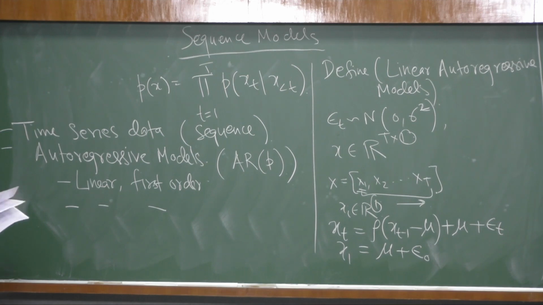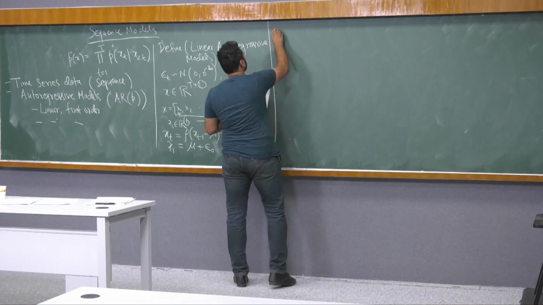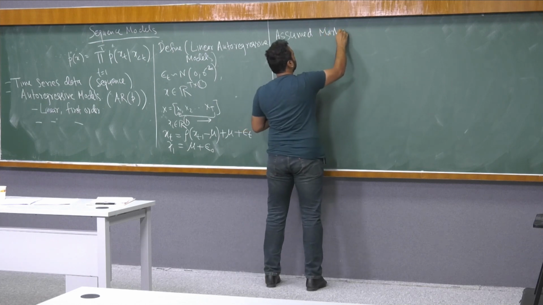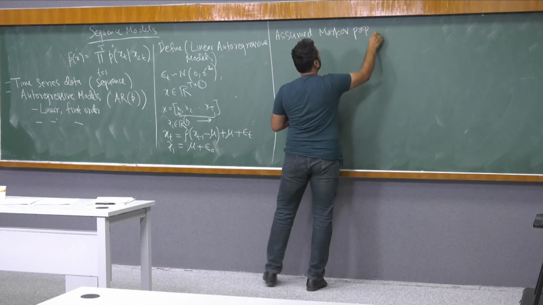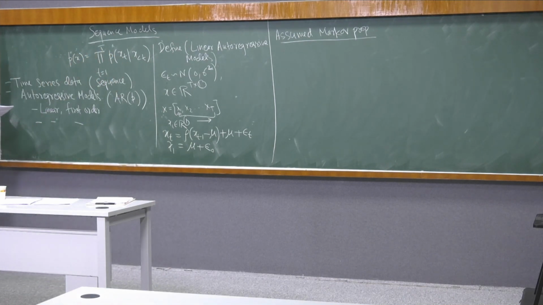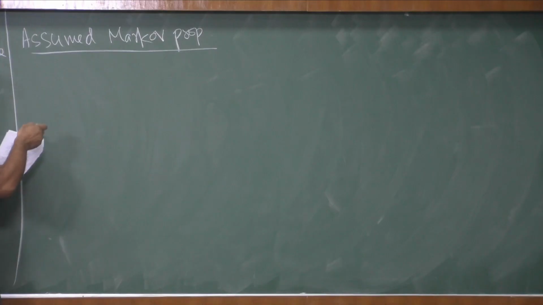This is the AR(1), and in fact, as you can see, we have assumed the Markov property. All this we have also seen in the previous class, but I will recall it quickly, and then we will continue with what we want to do.